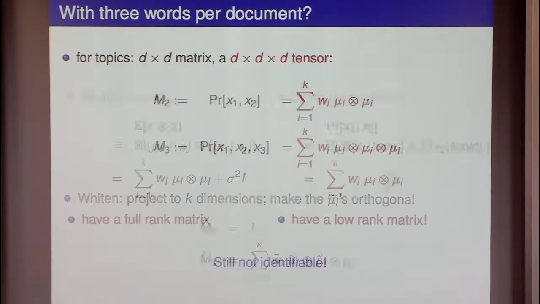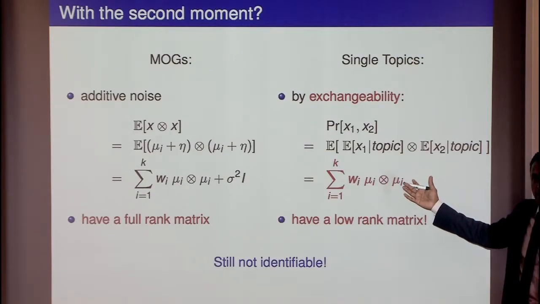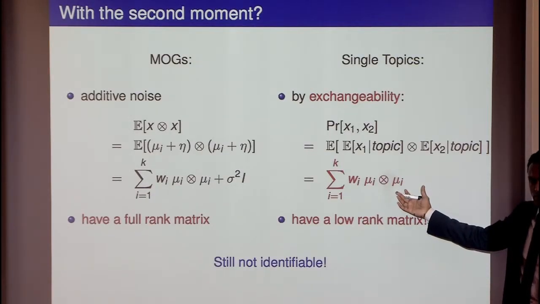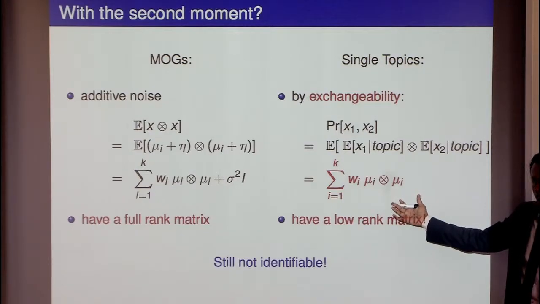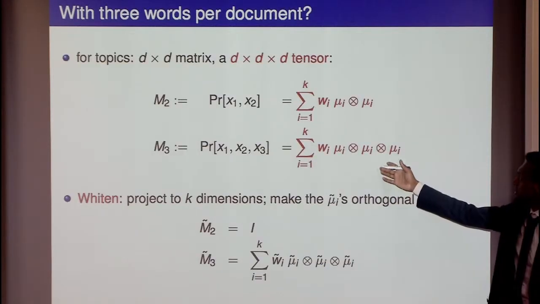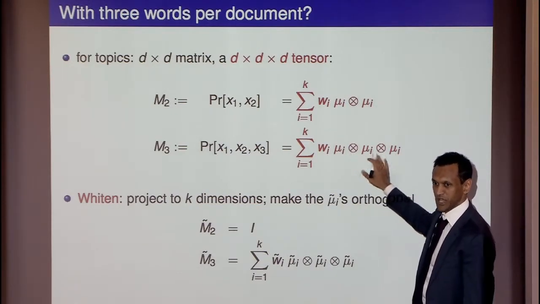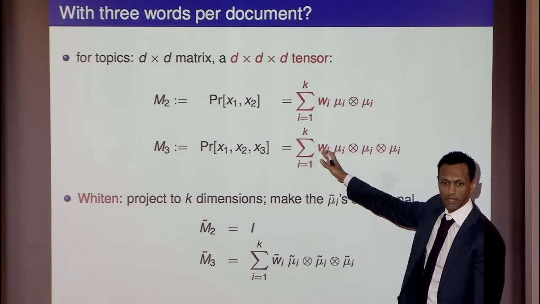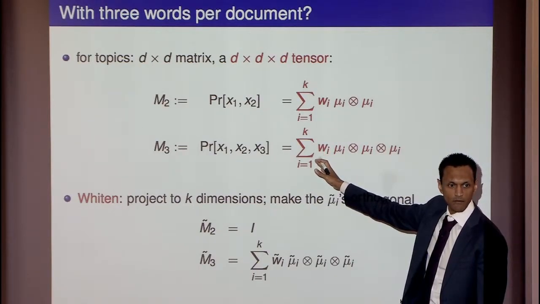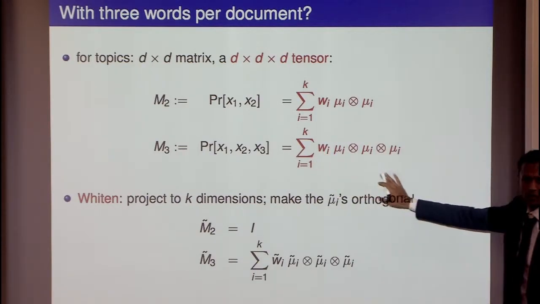It's pretty clear what the structure of the three-way correlations of a single topic model will look like. It's just as if the three words were generated from the same topic, summing over wi. So we're good with this.